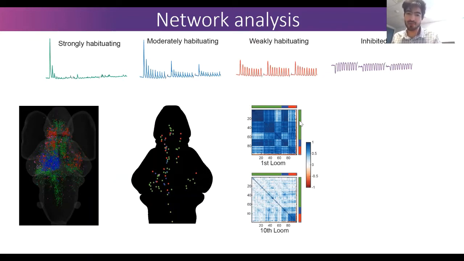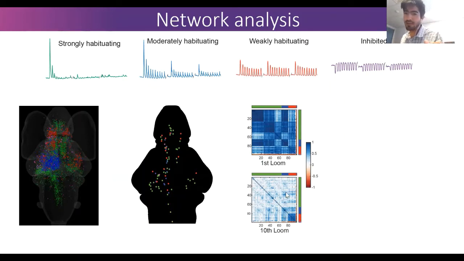So for example, this is for the first loom. We see a lot of high correlation values because of course many nodes will have responded. But then at the 10th loom, as the network is habituating, we only see higher correlation values in the nodes that belong to the weakly habituating cluster.